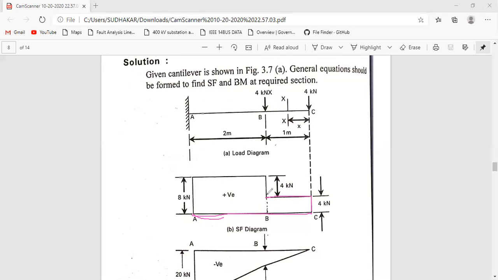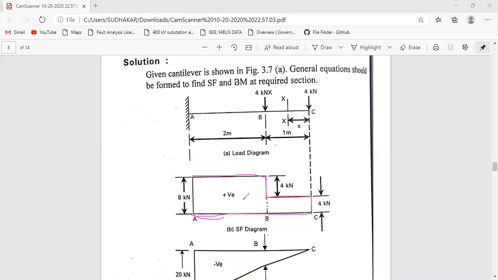Beyond that, one more 4 kilonewtons will be added to this existing system. From here to here there is no point load, so the shear force will be constant.